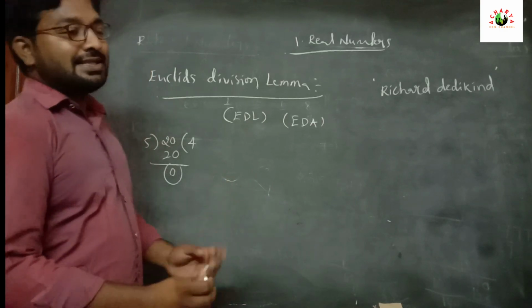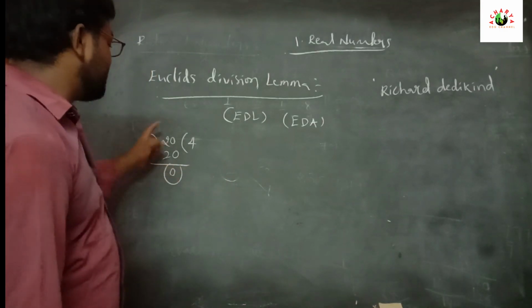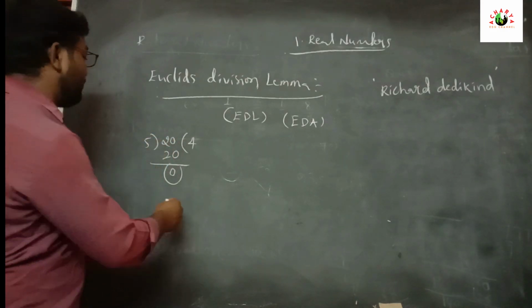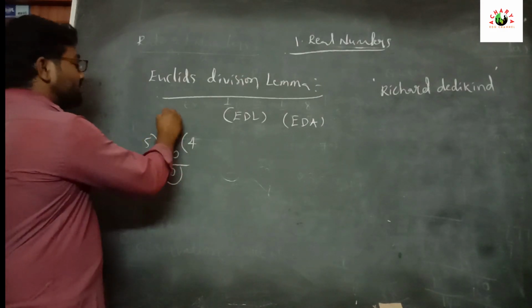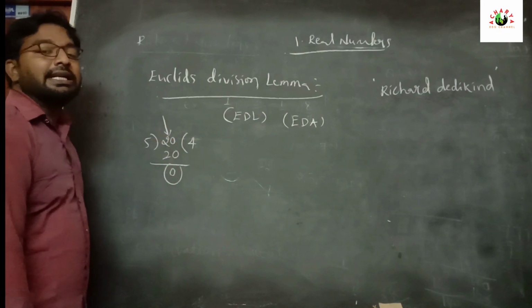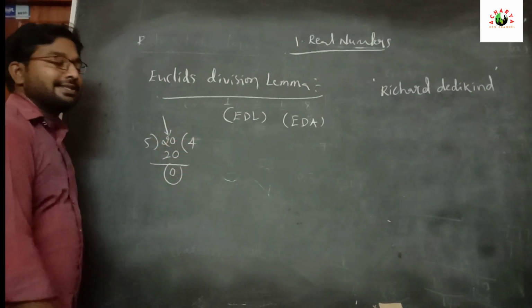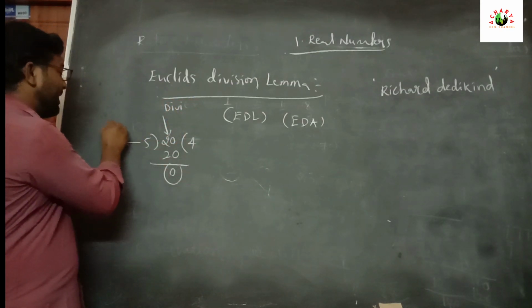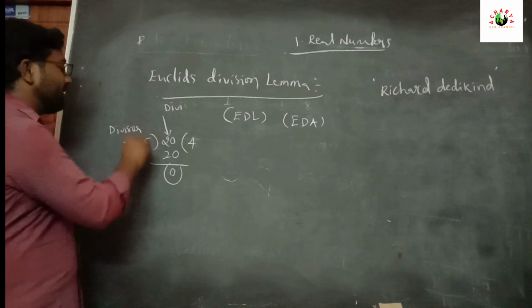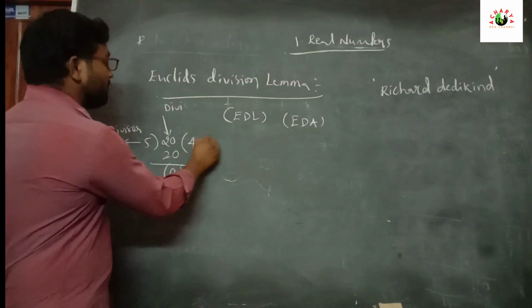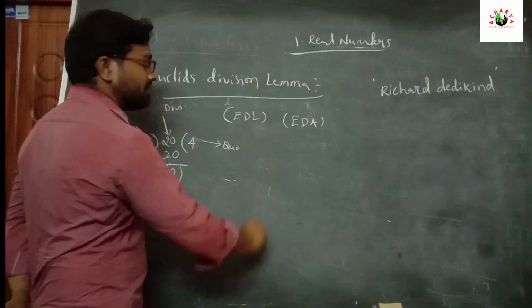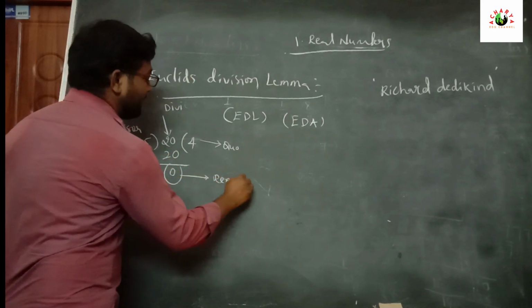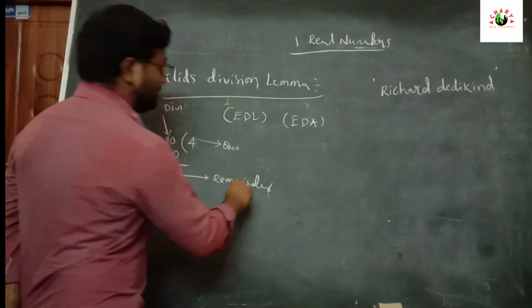In previous classes, we have learned about the parts of division. 20 we call the dividend, 5 we call the divisor, 4 we call the quotient, and 0 we call the remainder.